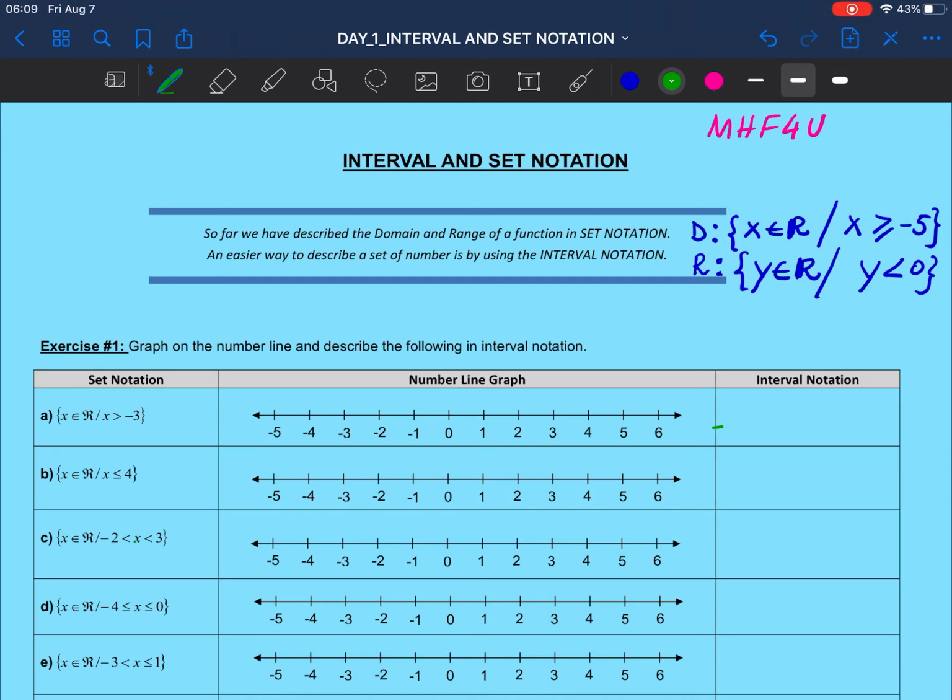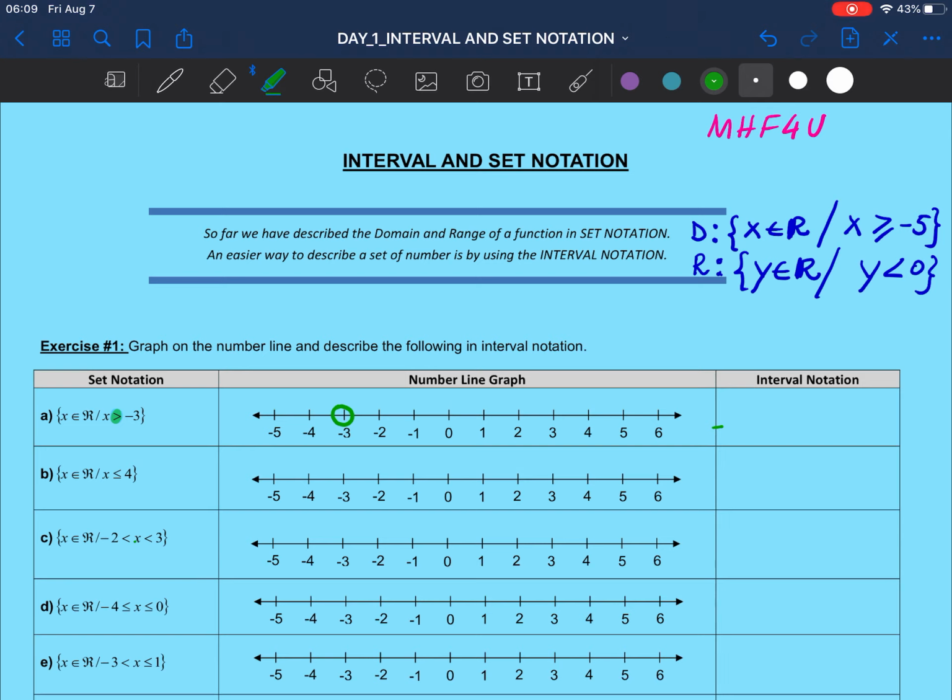So we always start from the numbers given. So what we have in here is x bigger than -3. First, we locate -3, and we draw a circle around -3. Whenever you have bigger than, what you want to do is leave the circle empty.